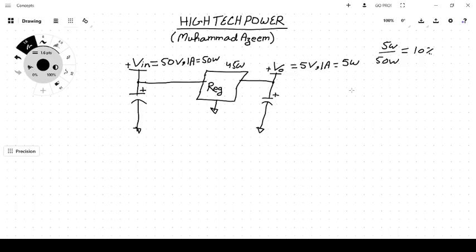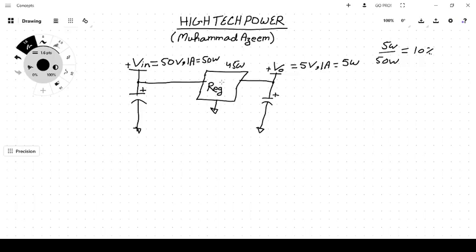There is another configuration where you don't use the regulator IC, and instead you make it from discrete components, as was done in the earlier stages of linear power supplies.